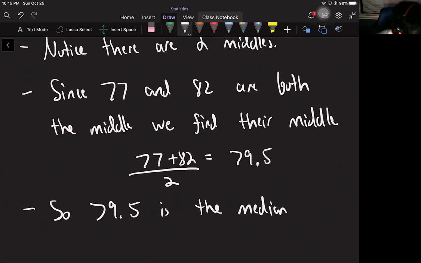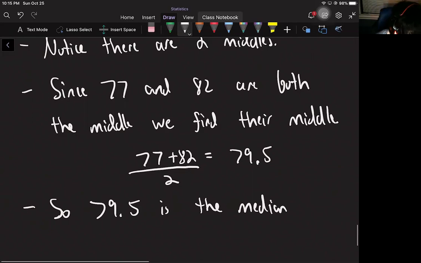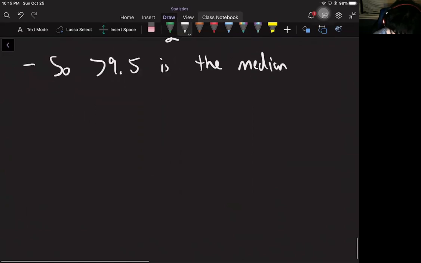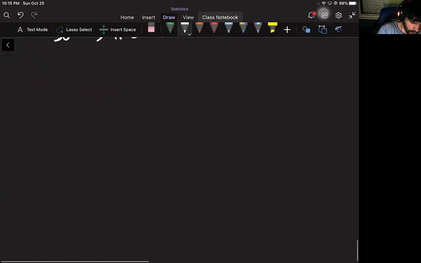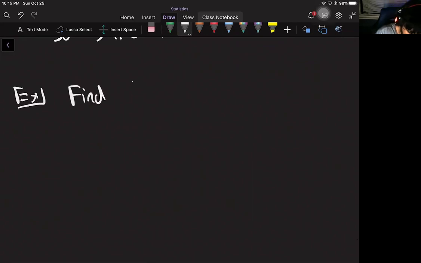Okay. Let's think more instead of just calculating, like we did with the mean. So let's do a little smaller example that we can just sort of think about what's happening. So find the median of these two different data sets.